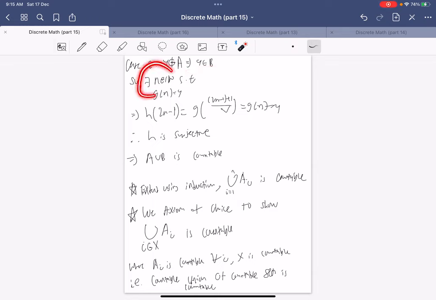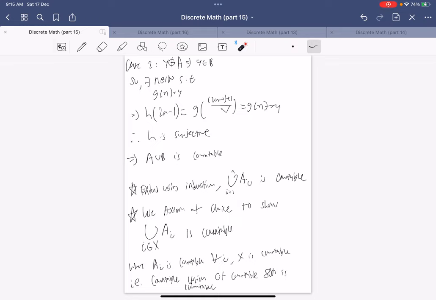So there will exist an n in the natural numbers such that G(n) is y. Then you just need to take 2n minus 1, run it through the function H, which just equals G(n), then it's y. And so H is surjective, and this proves that A union B is countable. You can then extend using induction to prove that a union of finitely many sets is countable when each set is countable.